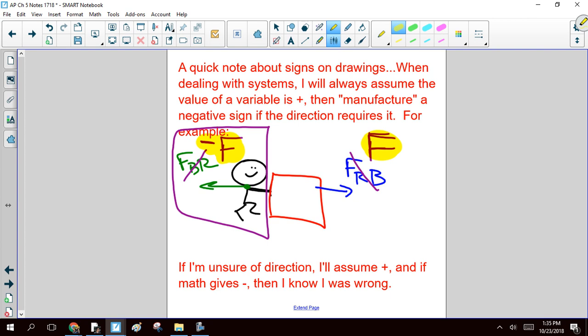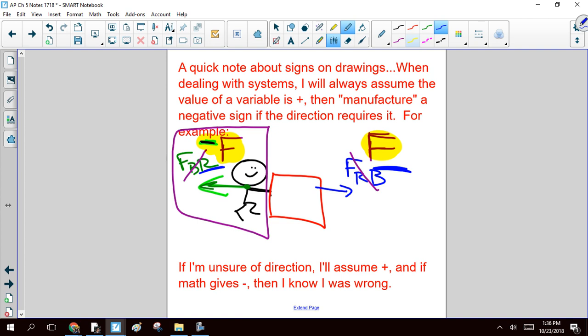And then if the direction indicates that it's negative, like this, I'll manufacture a negative sign by putting a negative in front of it. That just indicates that this is some value F, and this is the same thing but opposite. Now, if I solve the problem and I get a negative for F, that just tells me that my direction flip-flopped.